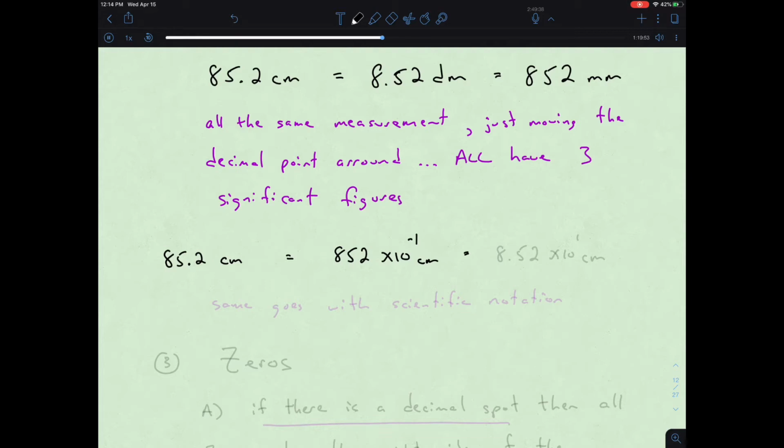Or we could say 8.52 times 10 to the first centimeters. Again, moving a decimal point around using scientific notation, but still the same thing goes. So we always have the same number of sig figs based on that actual measurement.